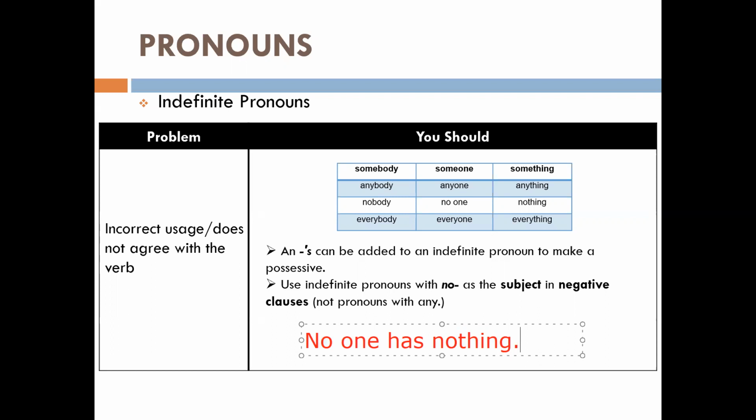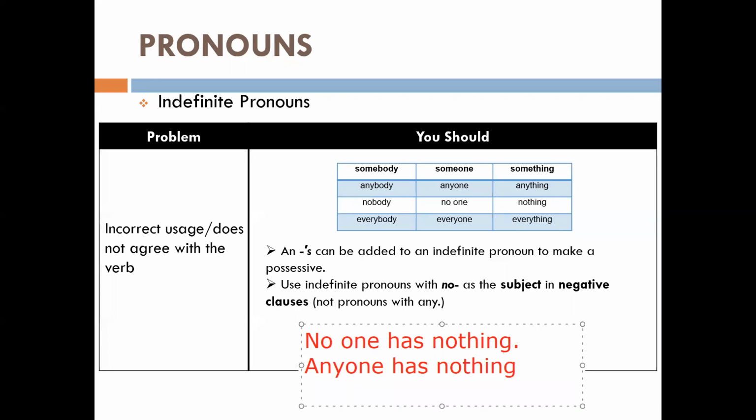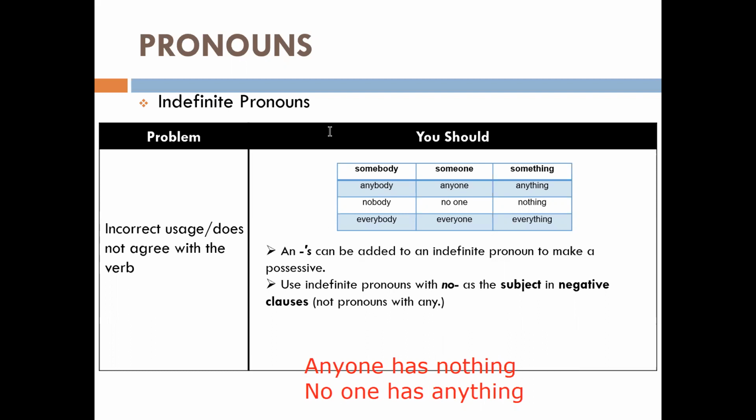Sir, ano po ang mas tama? Makinig ha, ano po ba ang mas tama? Anyone has nothing or no one has anything? Yan. Ano po ba ang mas tama? Anyone has nothing or no one has anything? Sige, tanungin natin si Riza. Riza, ano ang tama? Anyone has nothing or no one has anything?